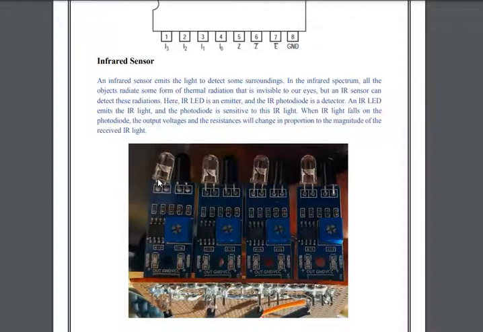The white LED emits infrared light that bounces off an object and is then detected by this receiver. This potentiometer helps adjust the range of the IR sensor. The 3 pins, VCC and ground, power up this sensor, and the output is the pin that gives out the binary output in the form of 5 volts.